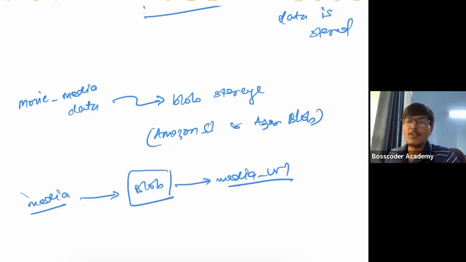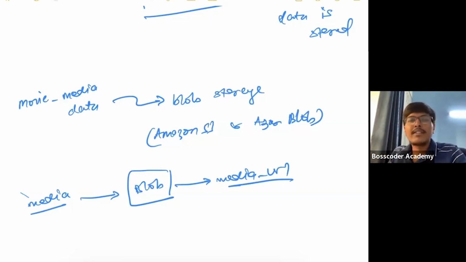They are designed, Tanu, in such a way that they are great for storing this kind of media data, and give you the media URL. You don't store non-queryable data in SQL. You can do a quick Google search, but blob storage is just a storage where you store all these kinds of files.